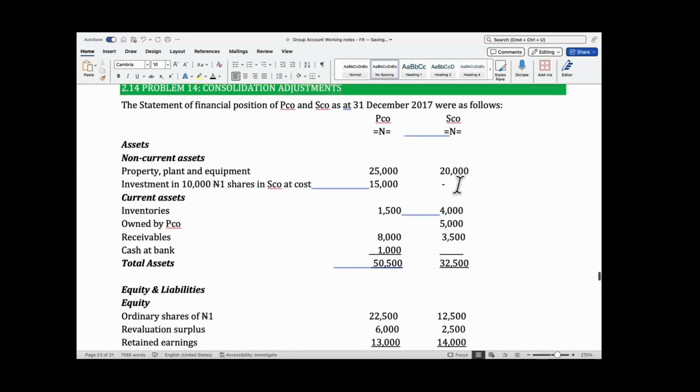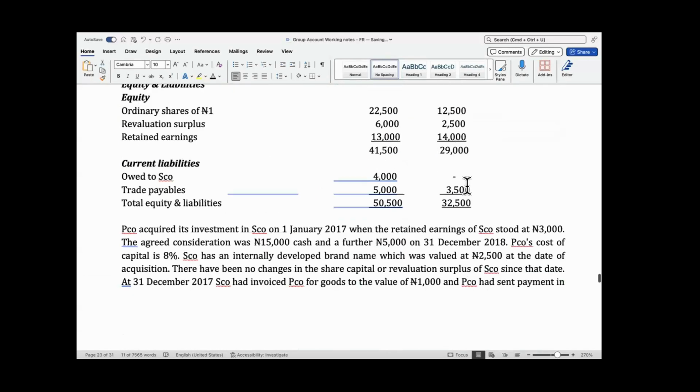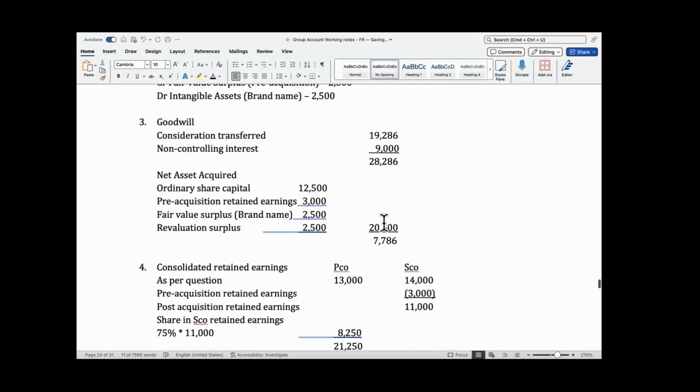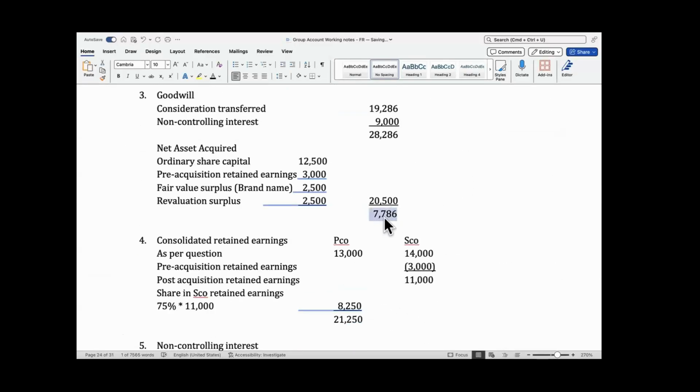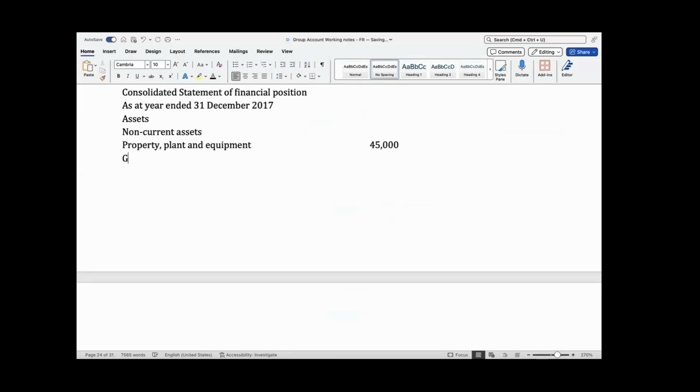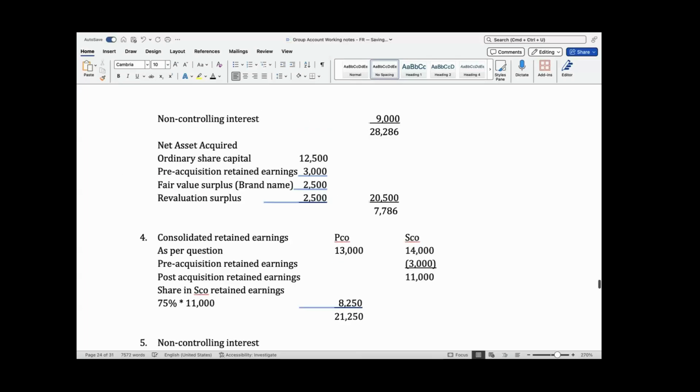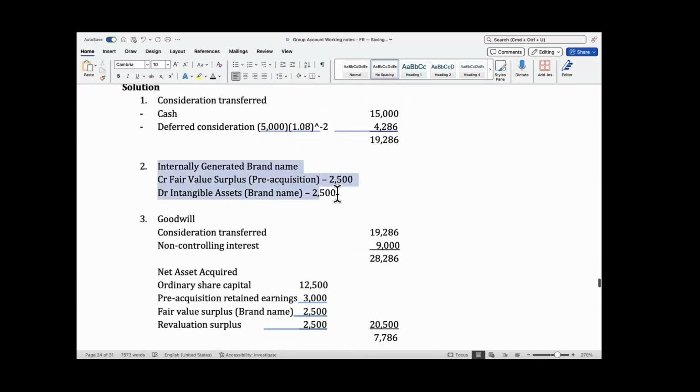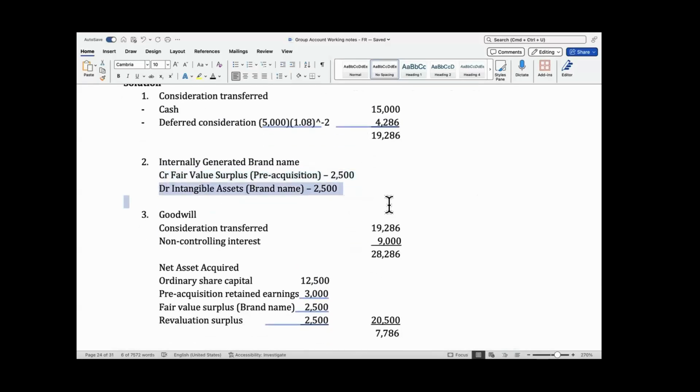Then this one, and I cancelled out, gives me goodwill of 7,786. Then, lest I forget, my intangible assets, which is the brand name of 25. Don't forget this workings too. Debit this, credit this.